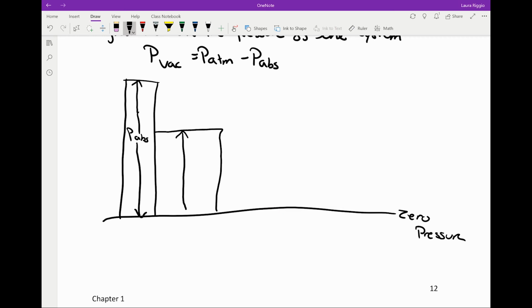This is my atmospheric pressure. Then say I have another system where my absolute pressure is this. This height difference is P gauge, whereas this height difference is P vacuum.